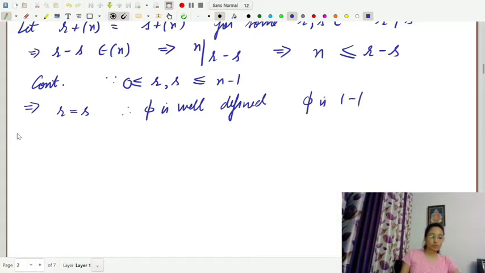Now to show it is a ring homomorphism, what we did: we take two elements r plus <n> and s plus <n>.